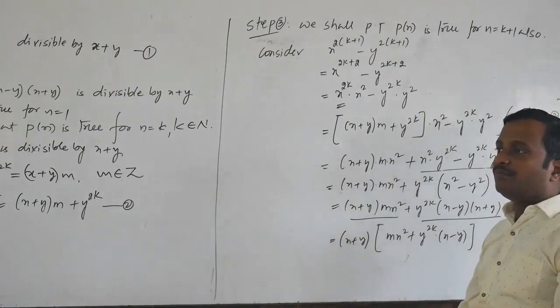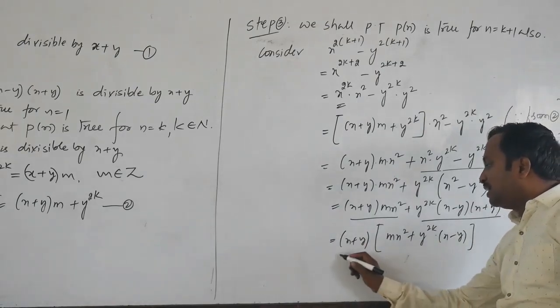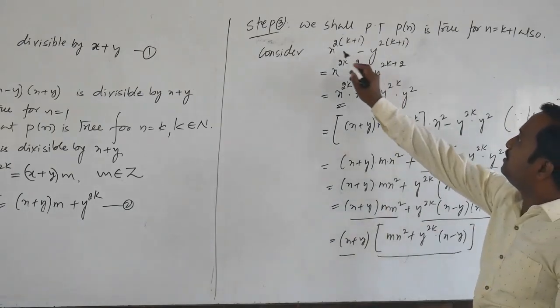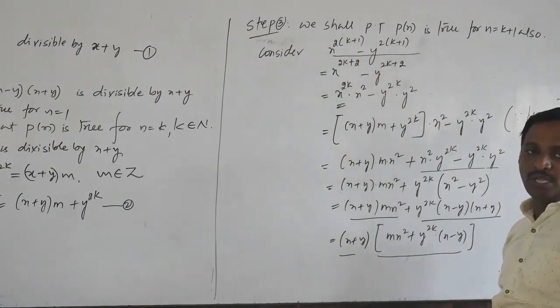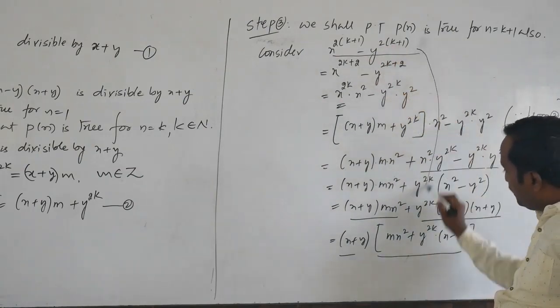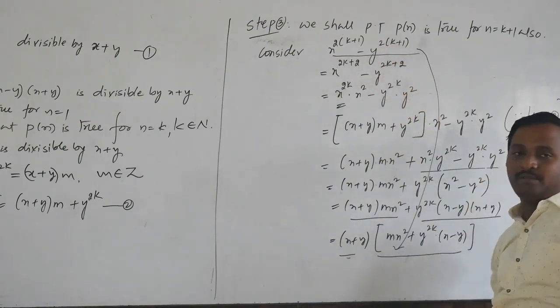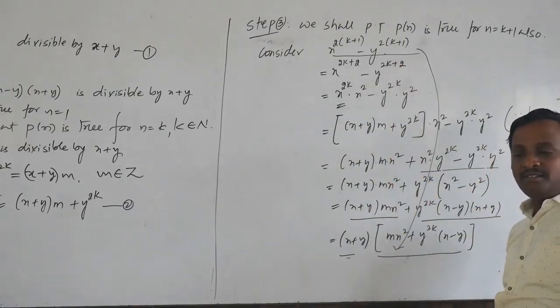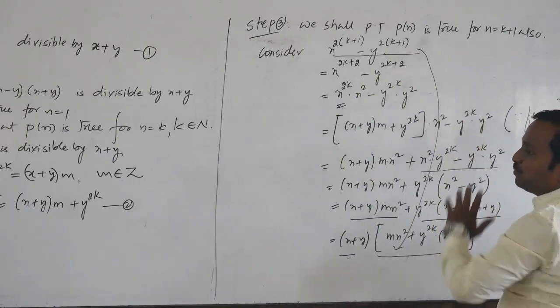So what did we get finally? x plus y into some number. So x raised to 2 into k plus 1 minus y raised to 2 into k plus 1 is divisible by x plus y. Hence it is true for n equal to k plus 1.